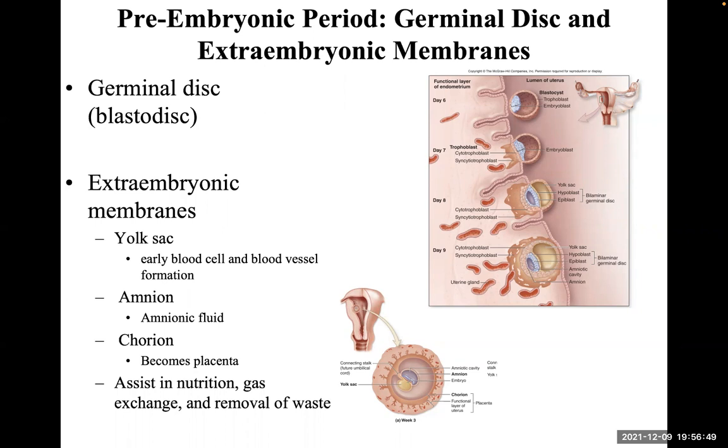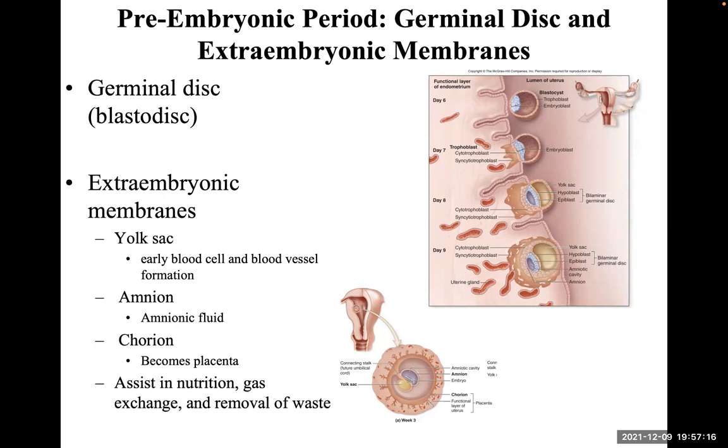I think people oftentimes have a hard time visualizing what the placenta looks like, but it's like an entanglement of blood vessels, and it kind of looks like this gelatinous glob that's roughly the size of, I don't know, maybe a really big pickleball. And it's adhered to the uterus.